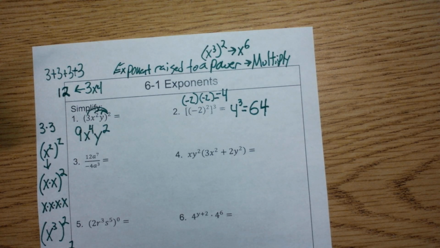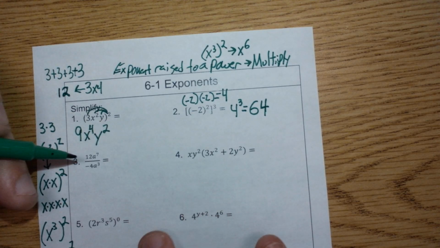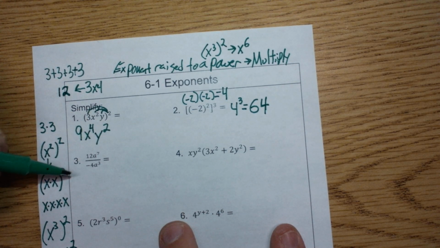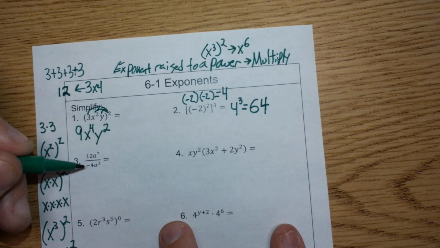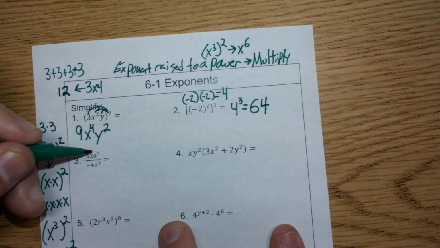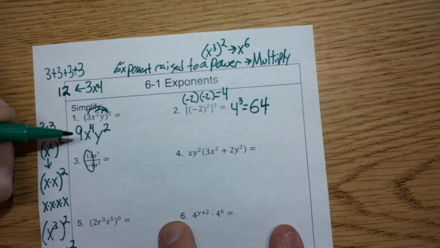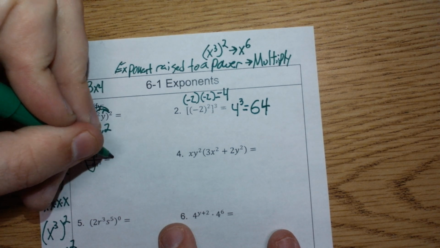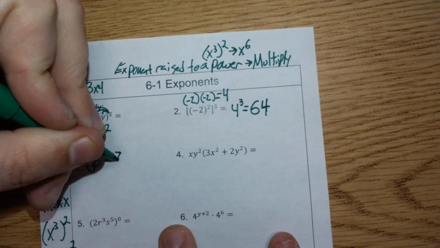All right, looking at number 3. When we have two sets of exponents over one another, well, first let's look at 12 over -4. When I've got this fraction here, I can actually just divide that out and say, well, 12 divided by -4, that would be -3.